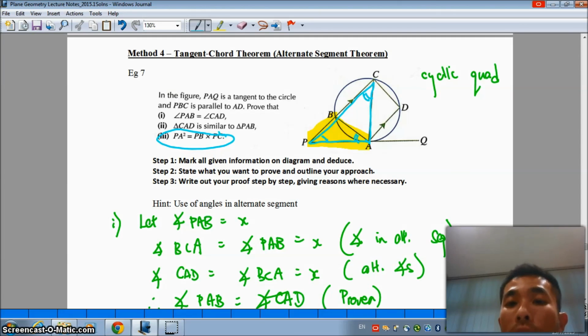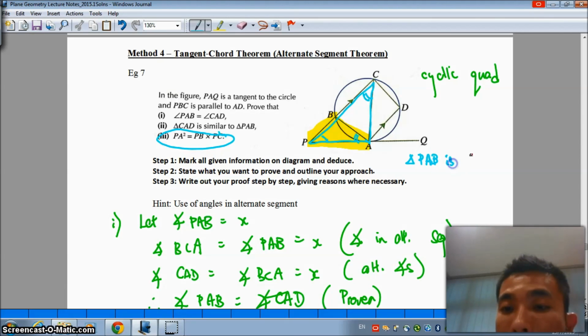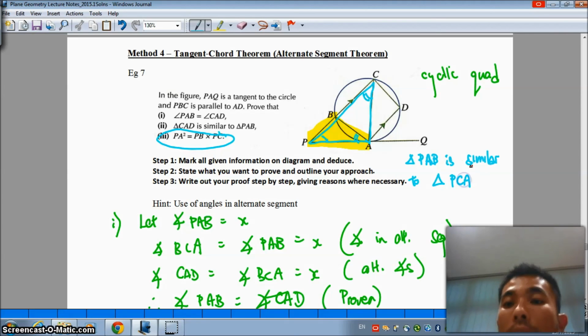So what you need to do is just to prove triangle PAB is similar to triangle PCA, and make use of the same corresponding side ratio to do your last particular part.